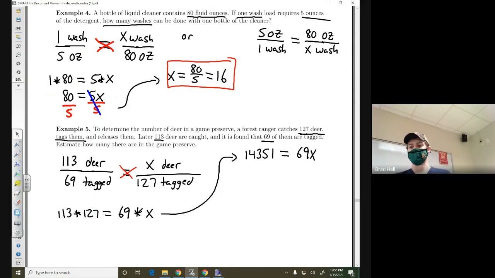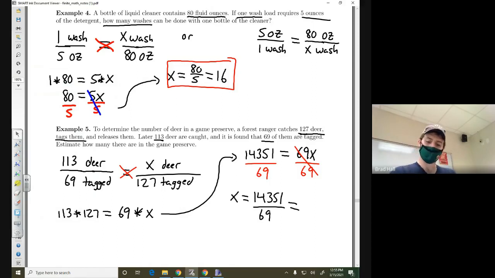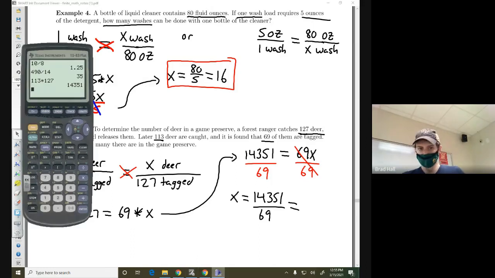Then we just divide both sides by 69. We're done. x is equal to whatever this quotient comes out to be.